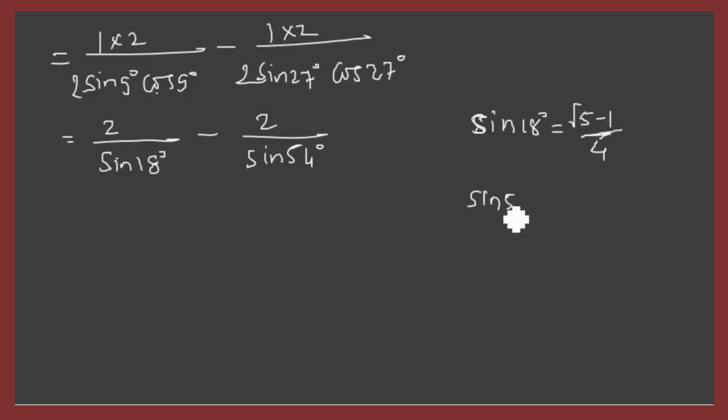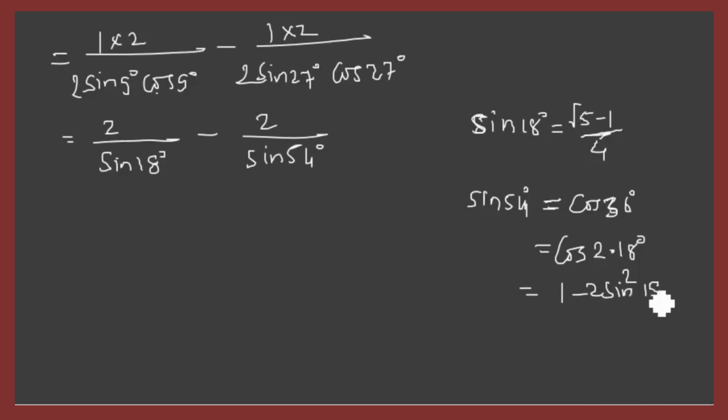The value of sin 54, we can find this way. We can write this as cos 36, because 90 minus 36 is 54. And for cos 36 we can write cos of 2 into 18, so the cos 2a formula is 1 minus 2 sin square a, so 1 minus 2 sin square 18.